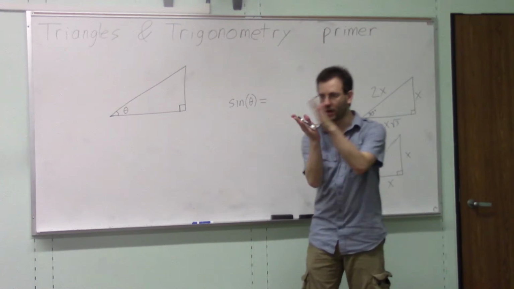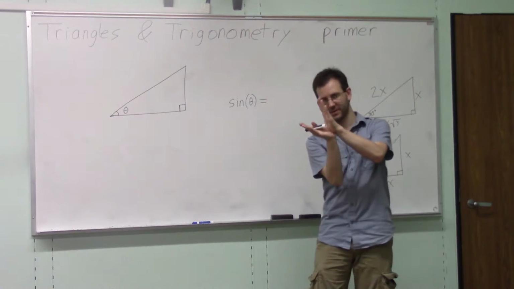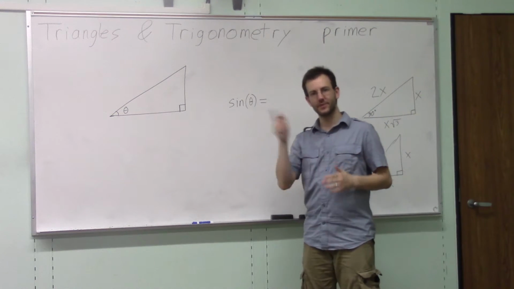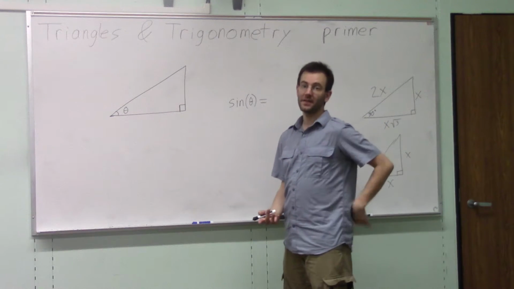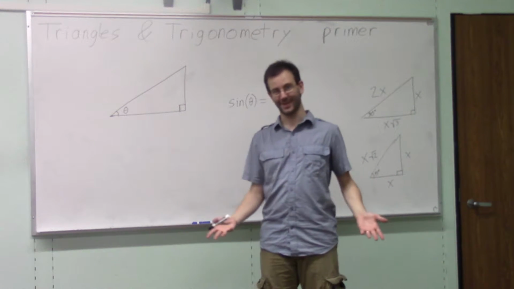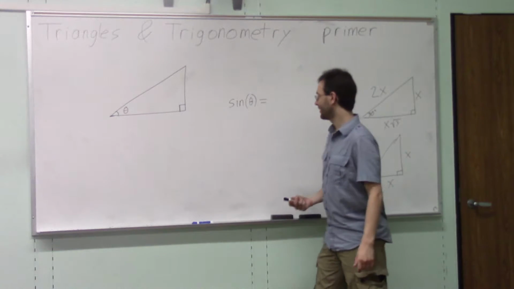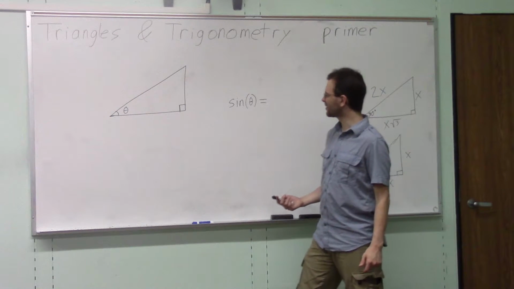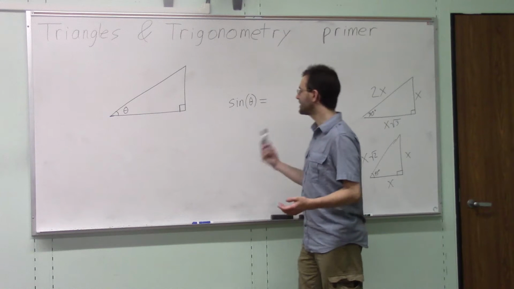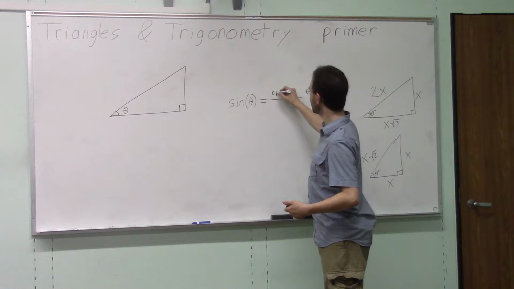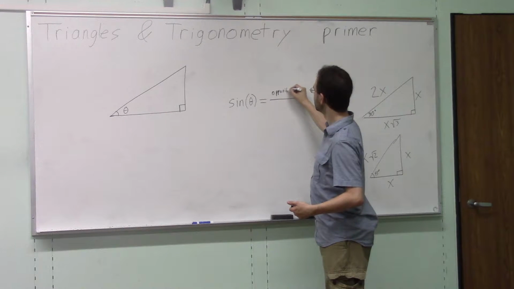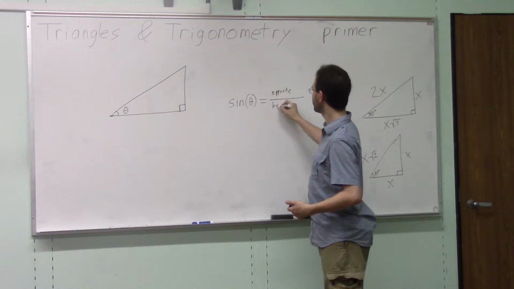Somebody took a 1-degree angle, a 2-degree angle, a 3-degree angle, and measured the ratios for all of those triangles. And then they found a mathematical way to calculate it. And then they created a shortcut for your calculators called sine. And what it does is it finds you the ratio between specific two sides. It'll always compare the side opposite the angle to the hypotenuse.